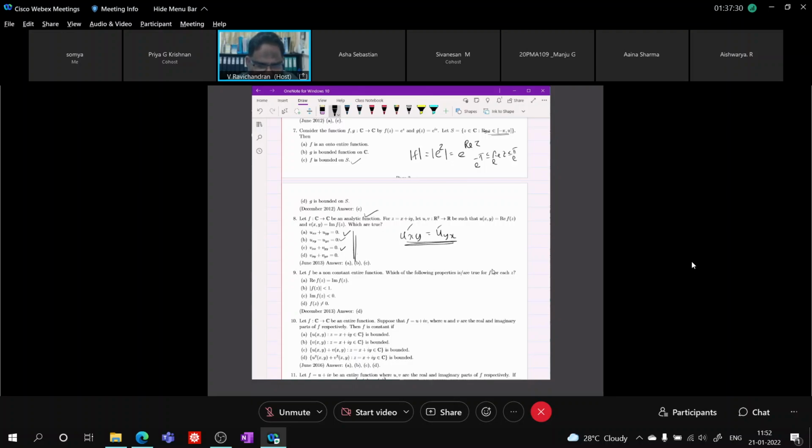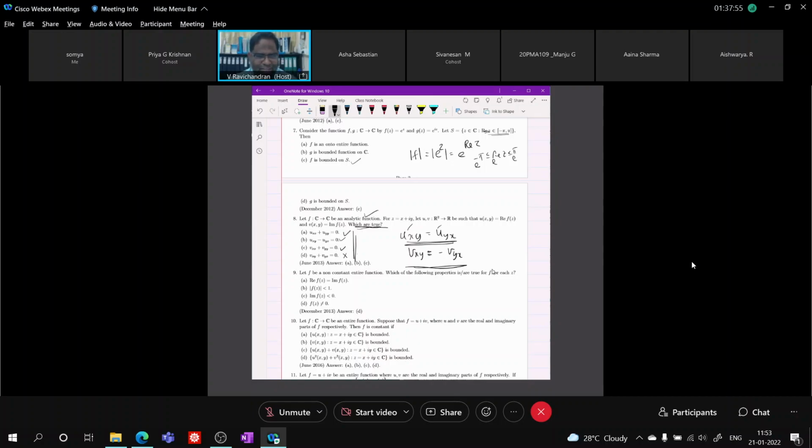That will be the case when f is analytic. And this one is probably the wrong answer. The first three will be true, and the question is which are true. So the first three are true, the last one is not true. This one says Vxy is minus Vyx. Mixed derivatives are opposite in sign. This may not hold unless the function is identically zero. So this is the wrong thing.